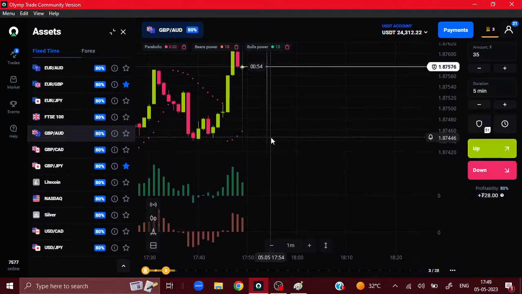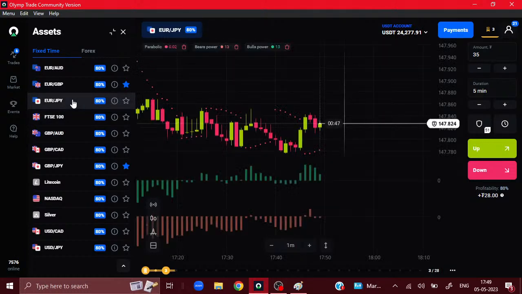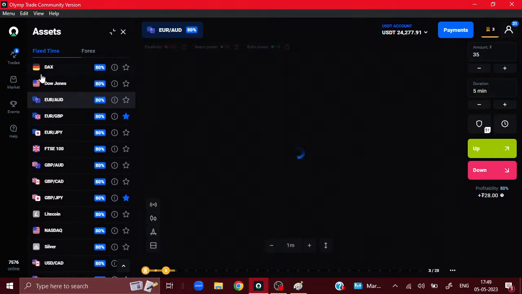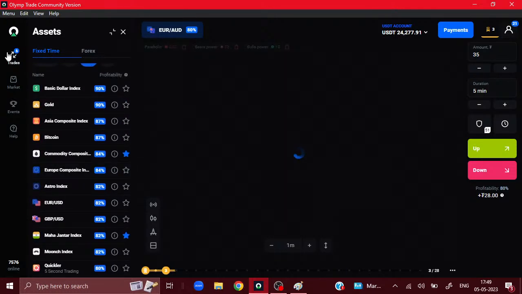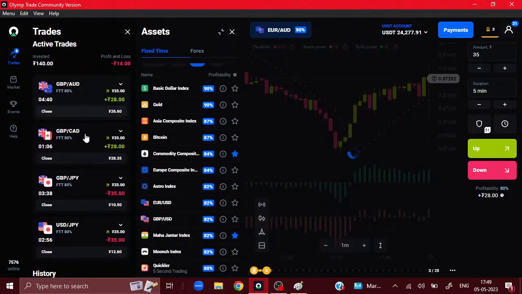Here also we have an upward entry. Okay guys, so 4 active trades.